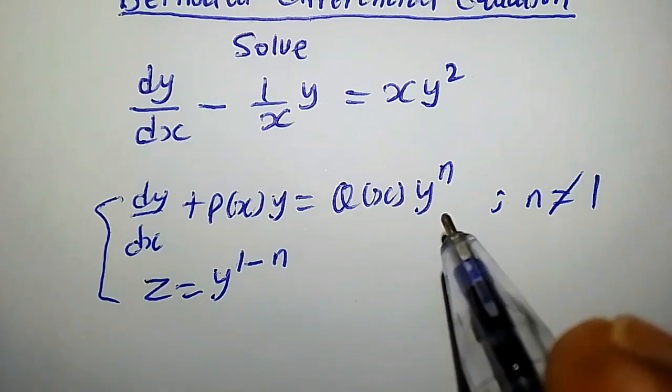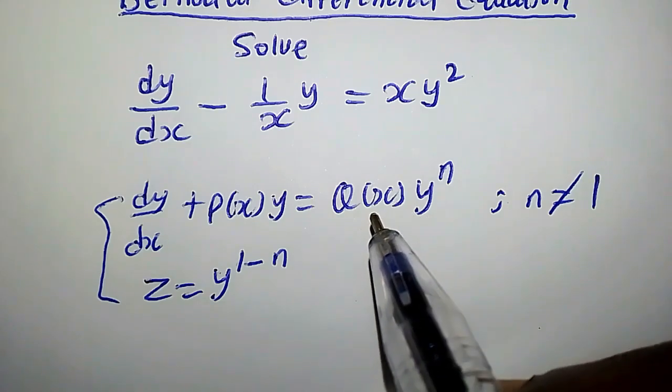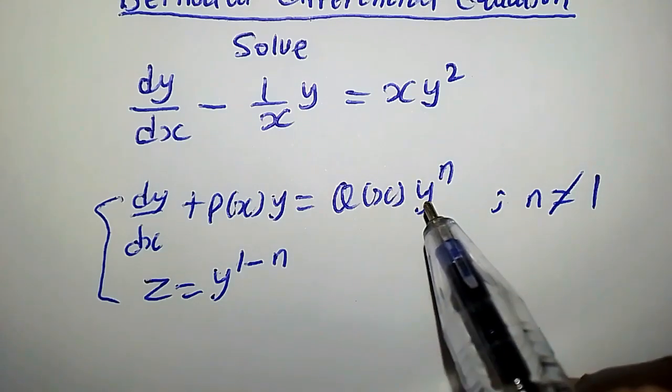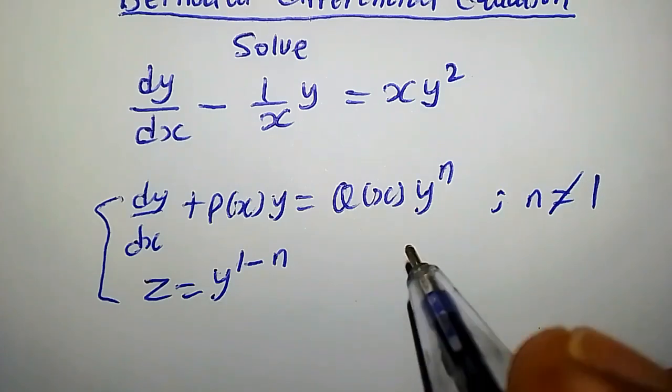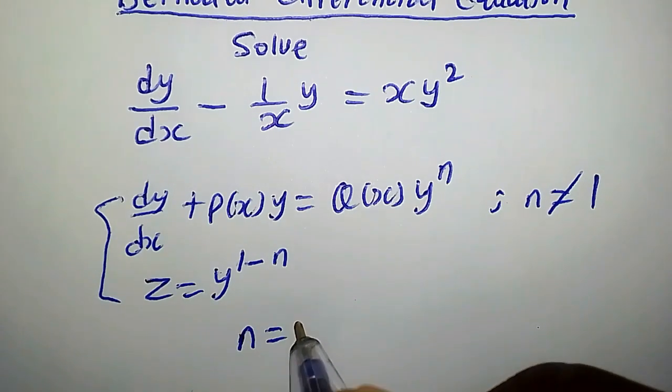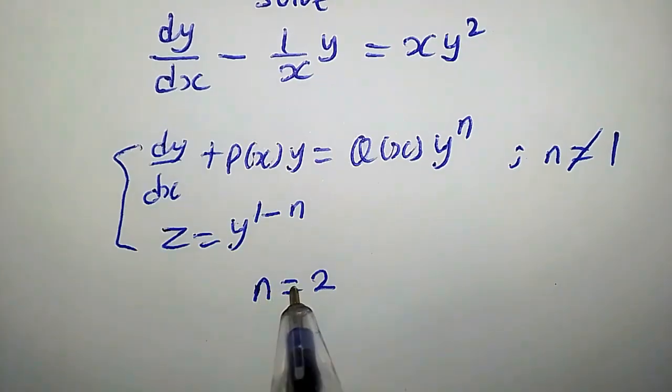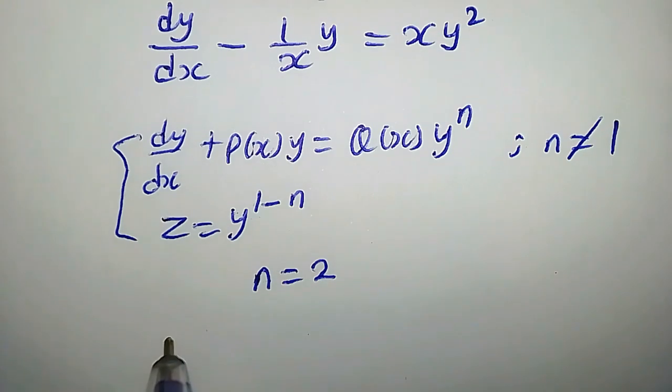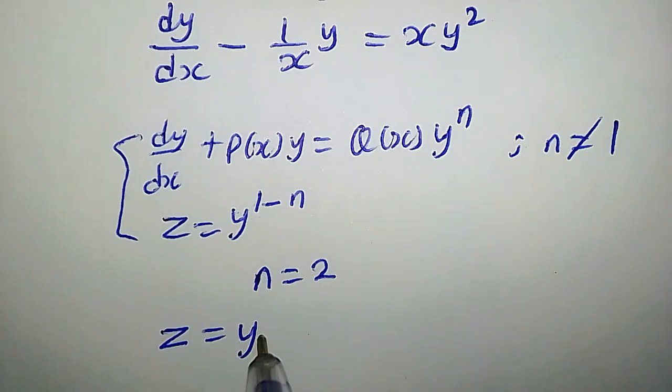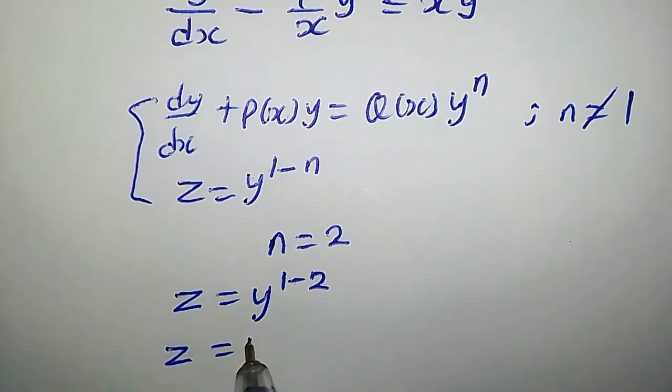By comparing, you will see that q of x equals x, and n is equal to 2. Let's plug this value of n in. We simply have z equal to y raised to 1 minus 2, so z is equal to y raised to minus 1.